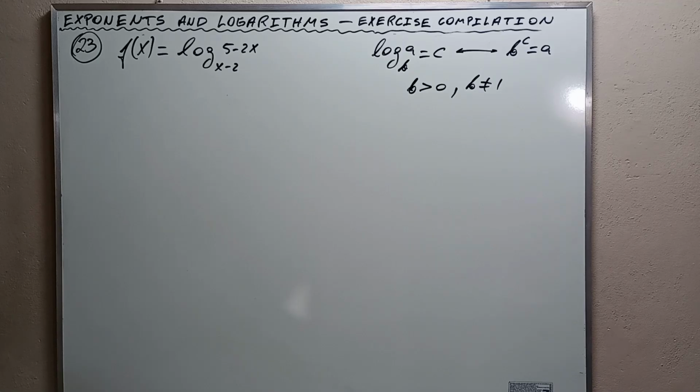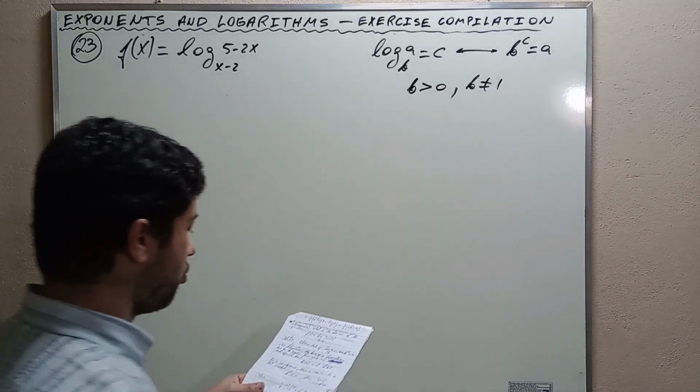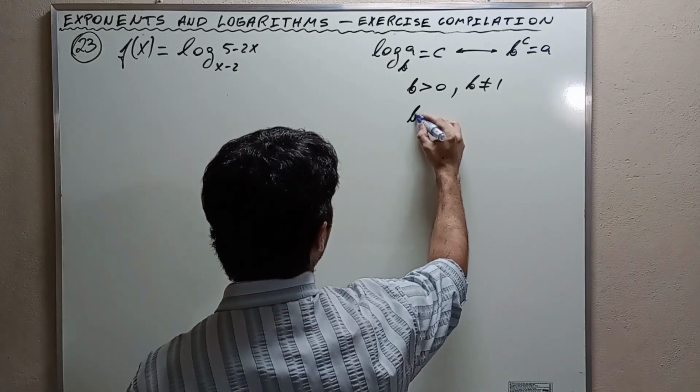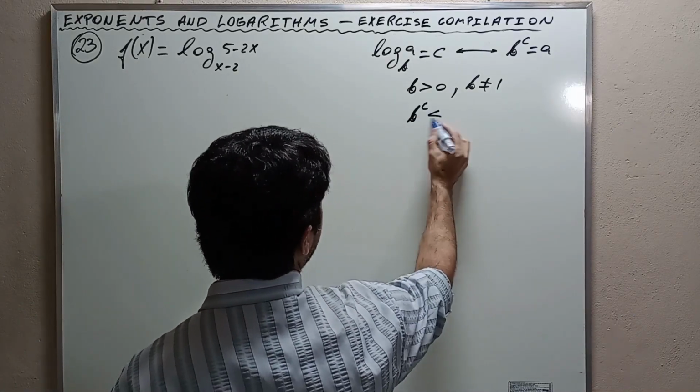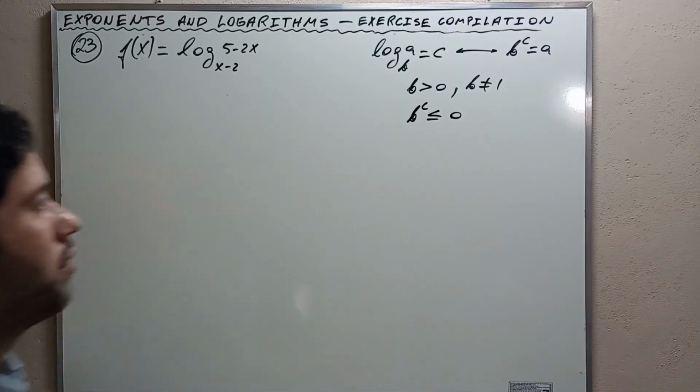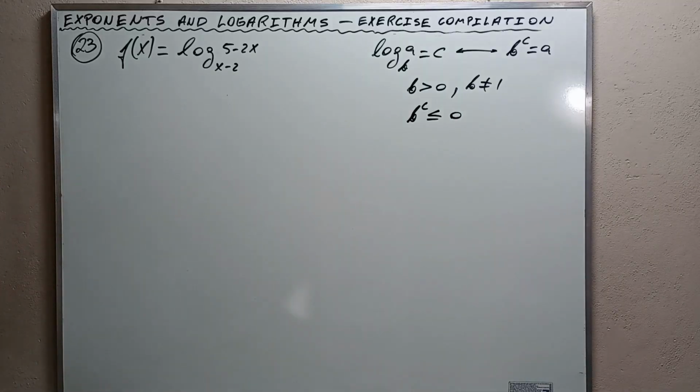As a consequence, there is no number c that makes b raised to the power of c less than or equal to 0, okay?